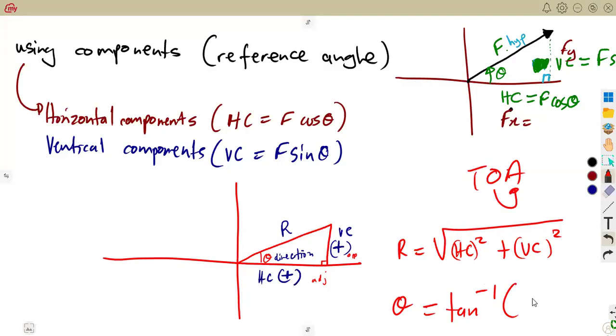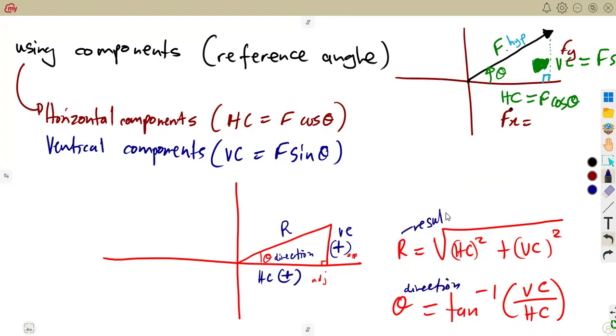Opposite is the vertical component, over the adjacent, which is your horizontal component. This is what you use as your final answer: my resultant is this, and this is my direction. Like I said, theta is for the direction, and this is your resultant.